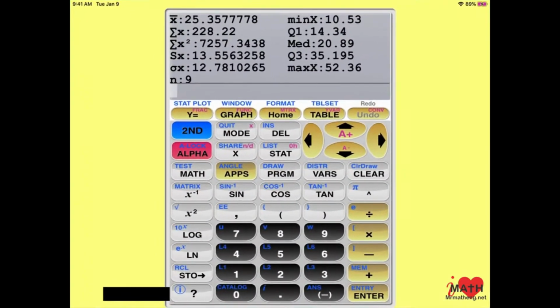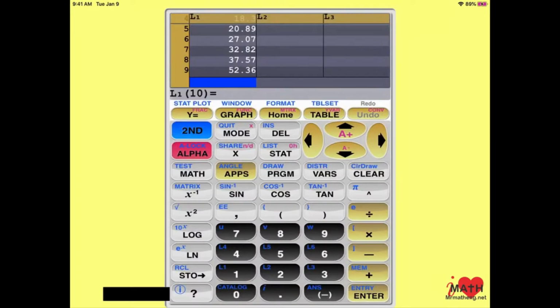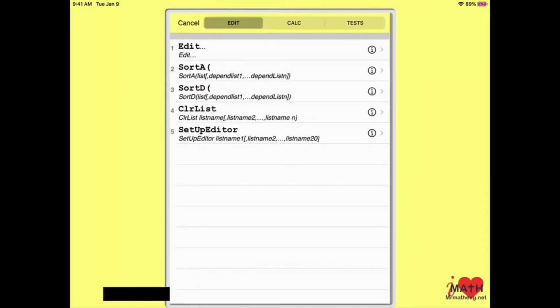Let's see. Let's go to stat. Edit your list. You have the numbers in that list. Let's try something. L2. So I'm going to put all this into the calculator, and it actually can calculate a lot of these values for me.